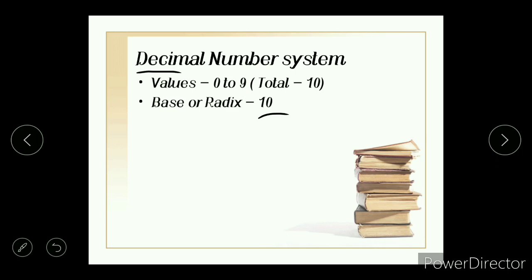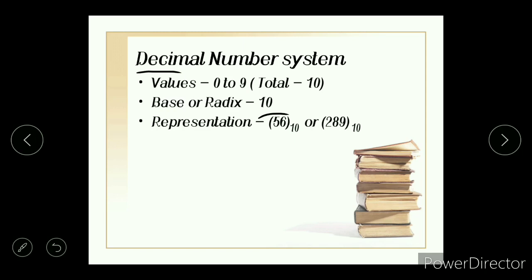So base is very useful for converting a number from one system to other. It is also useful to represent a number. For example, if I want to write a number 56, this number can be in any of the number system.